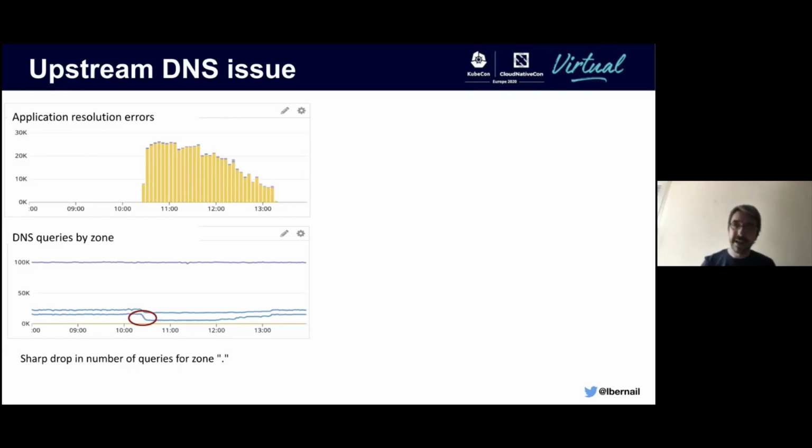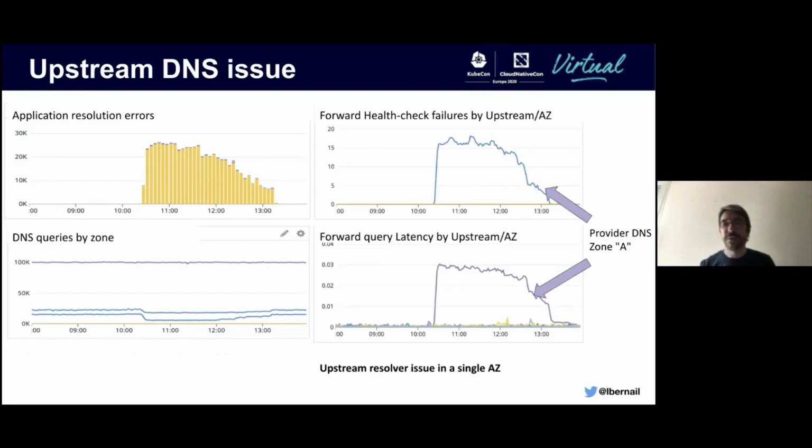Well, it turns out when you graph the health check values for the upstream provider and latency of queries for the provider, and you group these by zone, you actually see that a single zone was impacted, and we then had confirmation by the cloud provider that they had issues in a specific zone where they were dropping DNS queries. So, well, not much we could do in that case.